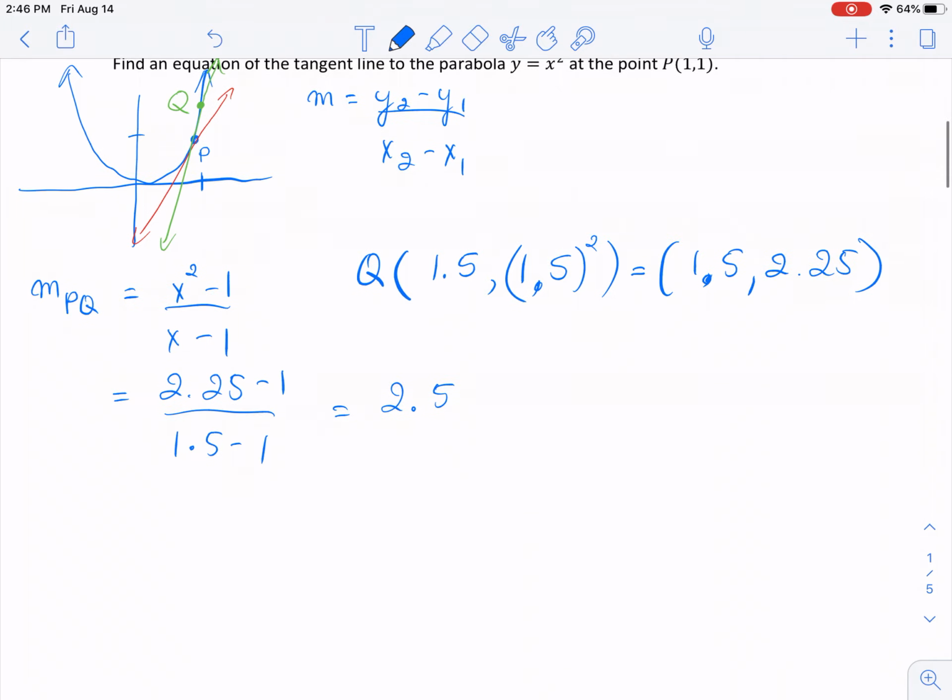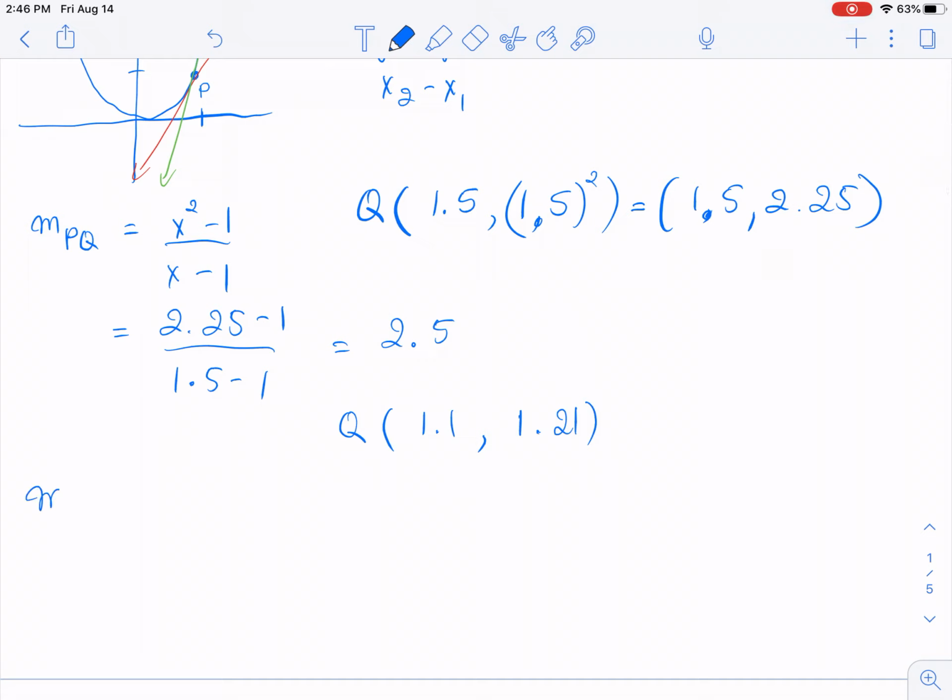All right. So if I keep picking a different point, let's say I pick 1.1. Then 1.1 squared is going to be 1.21. Okay, and then you do the slope one more time.